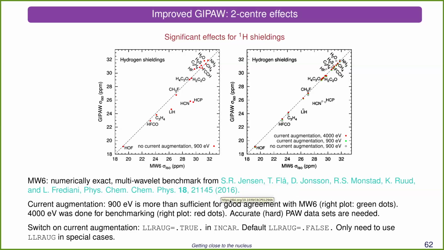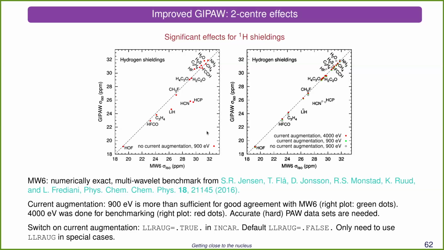And then you see if you calculate without this two-center effect, just the shieldings, and you plot one against the other, you don't get this straight line with slope 1, but you get all this scatter. And for these crazy molecules, which are really difficult molecules, with strong bonds, with nuclei coming very, very close, you get significant deviations. So that is not good.